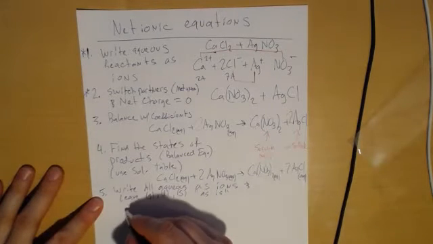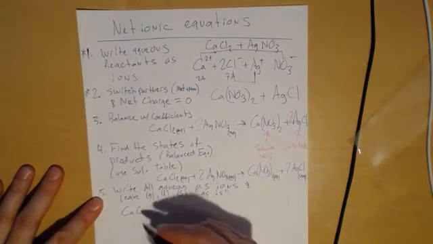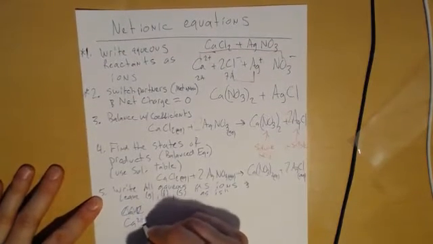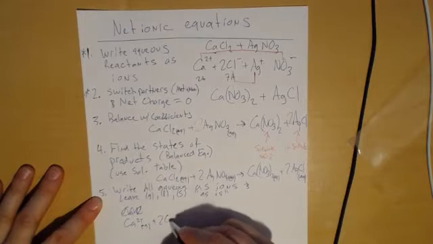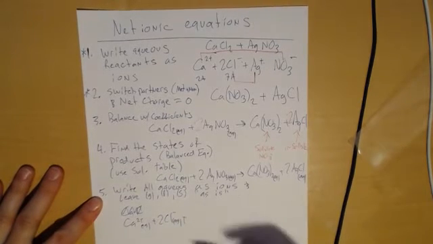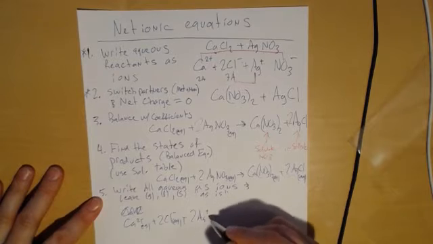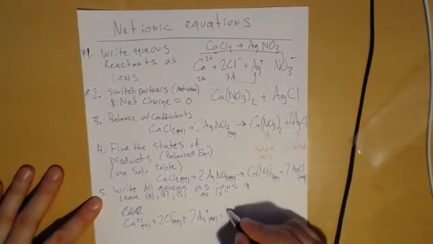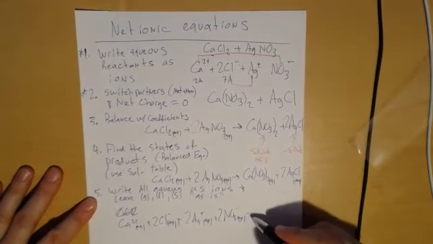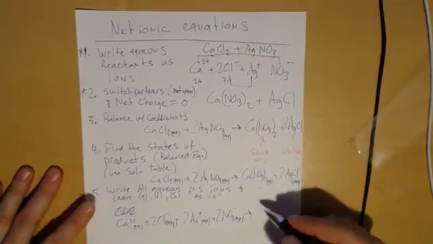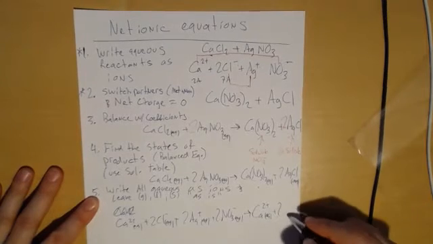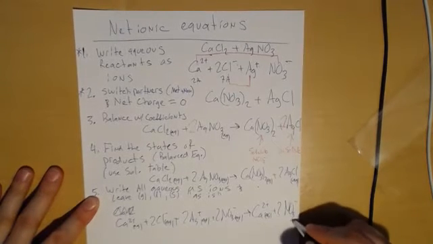So that would be calcium 2 plus aqueous plus 2 chloride minus aqueous plus, now I have 2 silver plus aqueous plus 2 nitrate minus aqueous goes to, this is also aqueous, so this would be calcium 2 plus aqueous plus 2 NO3 minus aqueous.